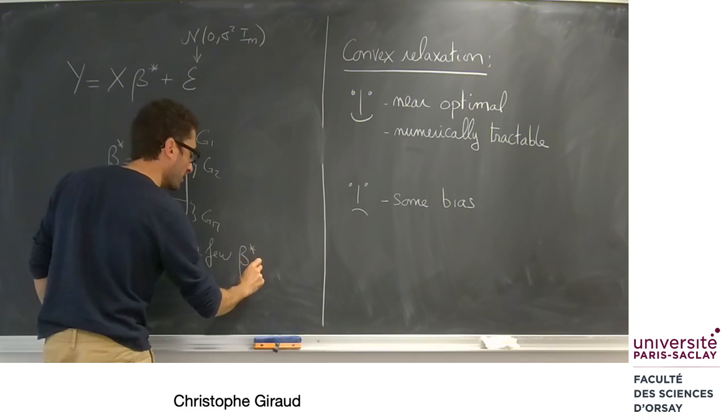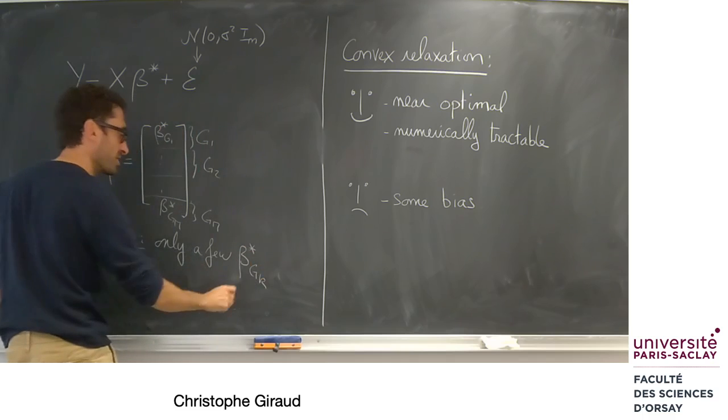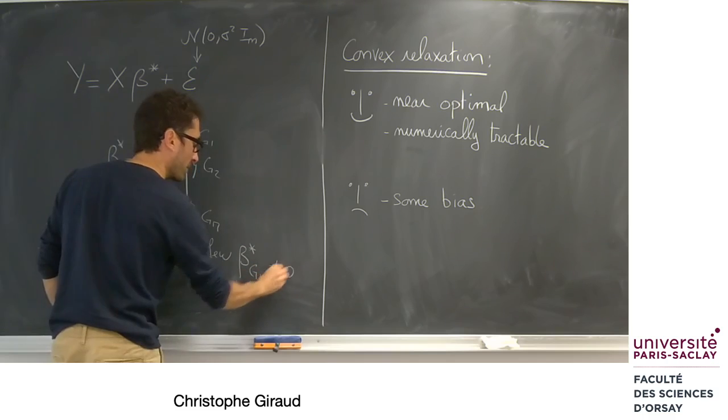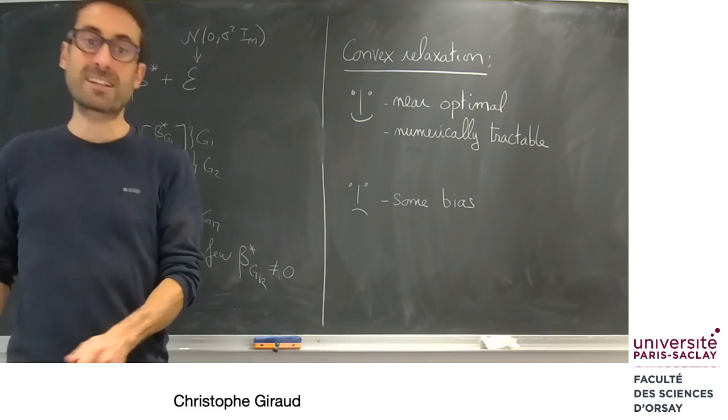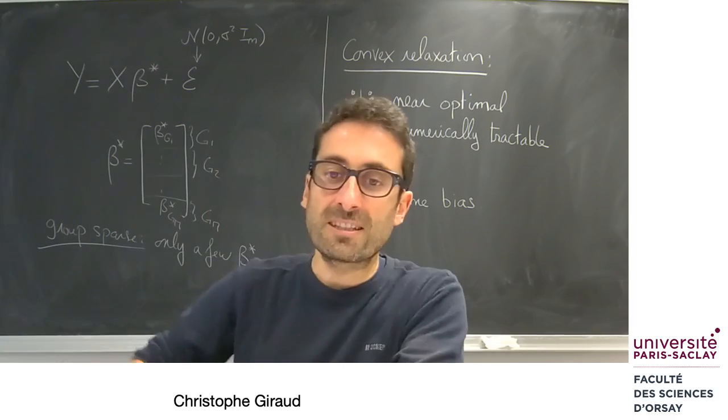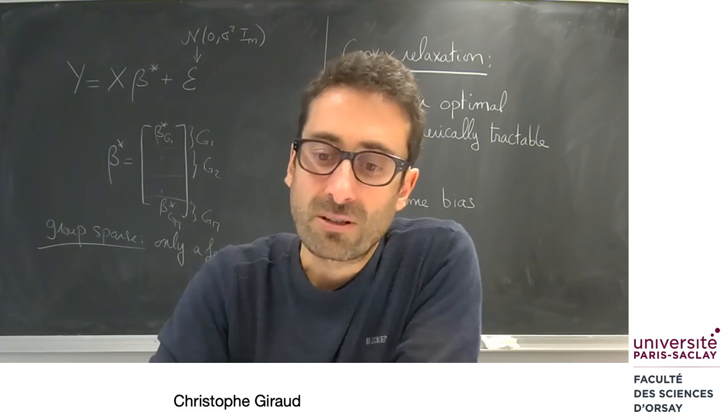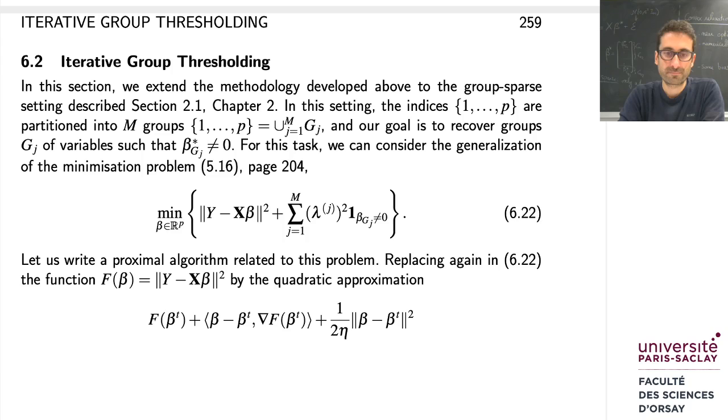So only a few beta star Gk are different from zero, right? So we want to generalize what we have seen in the iterative hard-thresholding to this setting, and we will look at it on the lecture notes directly. So we are now on the lecture notes. This is not the same numbering as yours, as I have changed the display for the video.